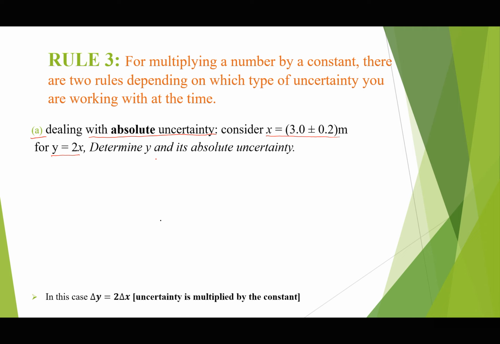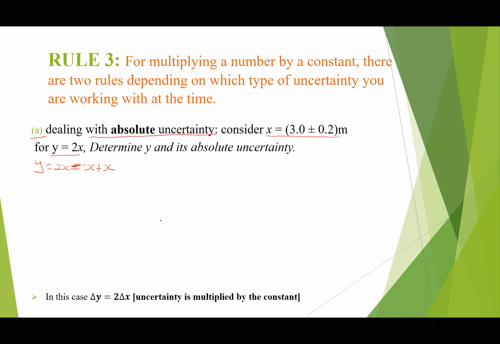So, what does the rule say here? If I am dealing with absolute uncertainties, you will notice that I can write y as 2x, or I can write y as x plus x.